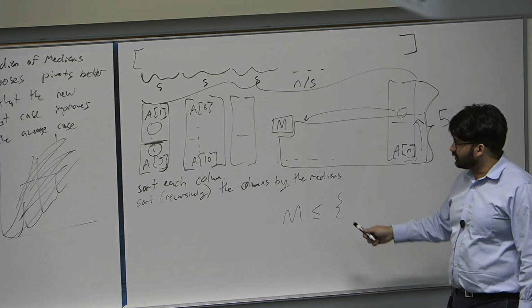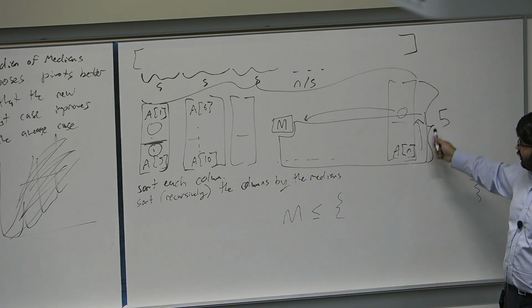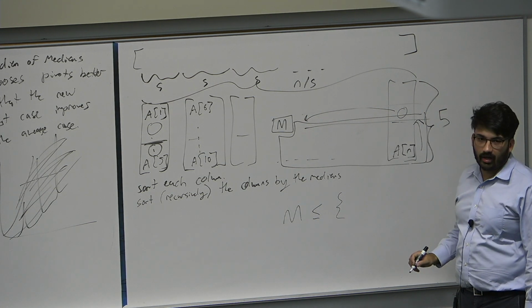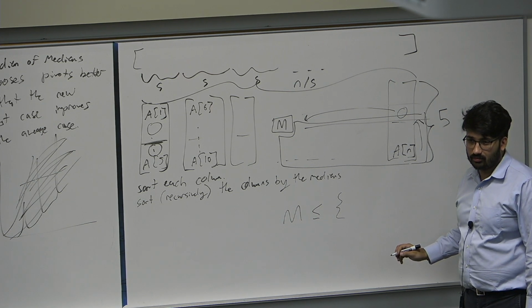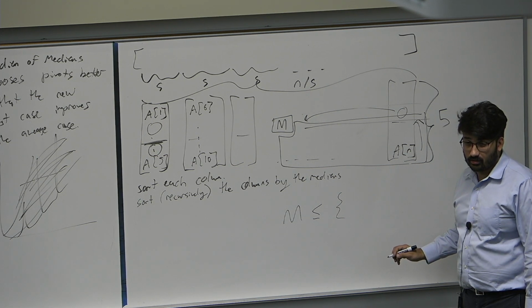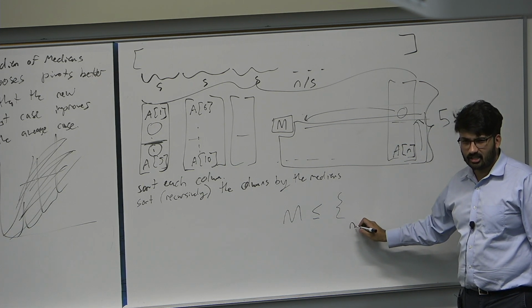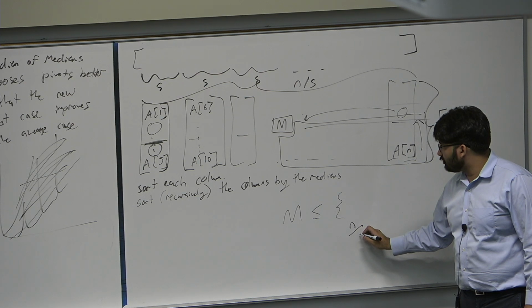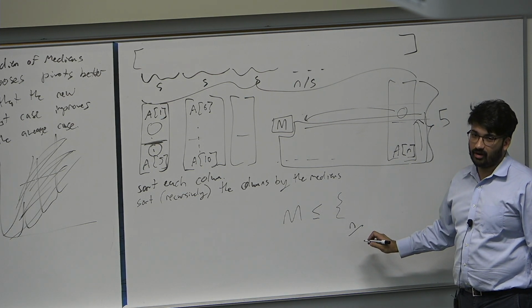This is some set here. How many elements are in this quadrant? What's kind of the area of this quadrant? First off, this middle row here. The size of that row is going to be what? Let's just measure the height.